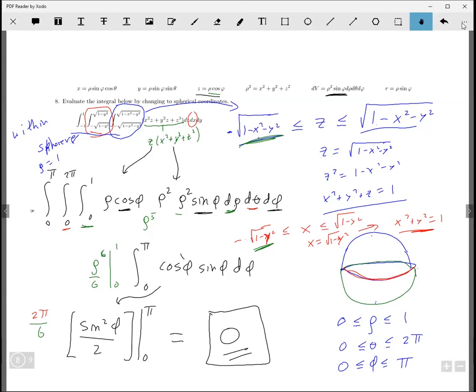I have a question. Yes. On the last antiderivative, this one? Would it be sine squared over 2 minus cosine squared over 2?